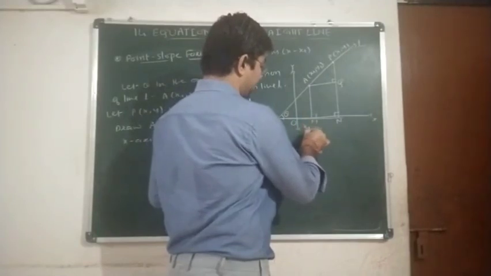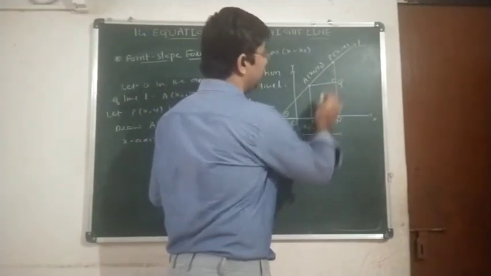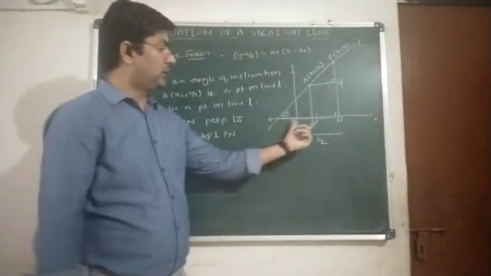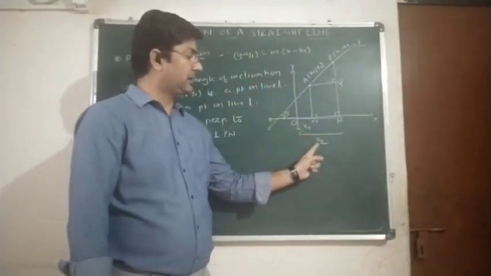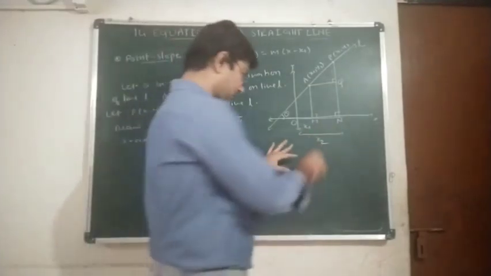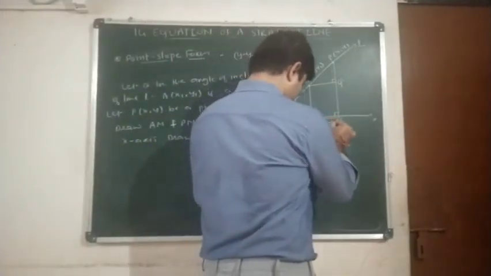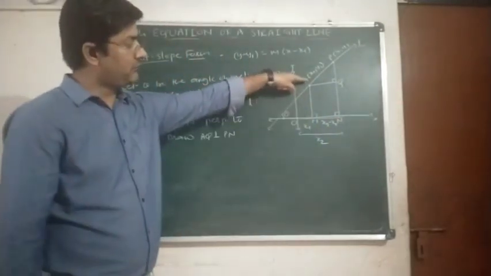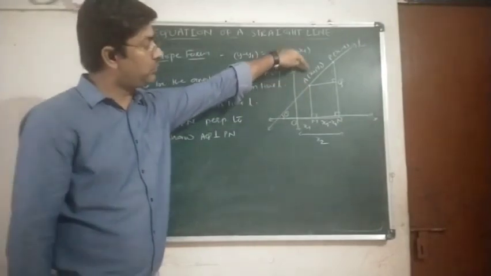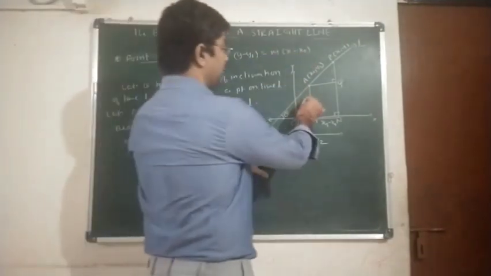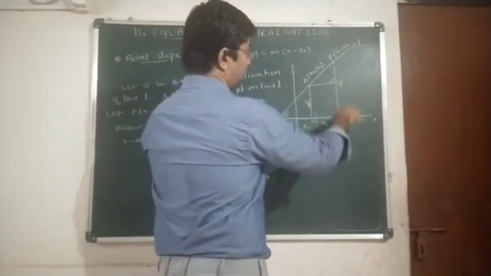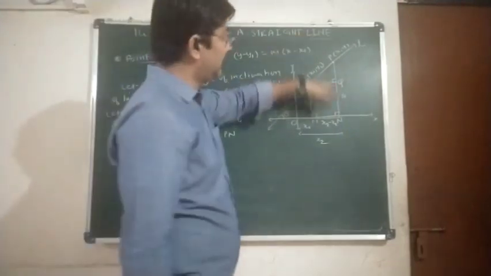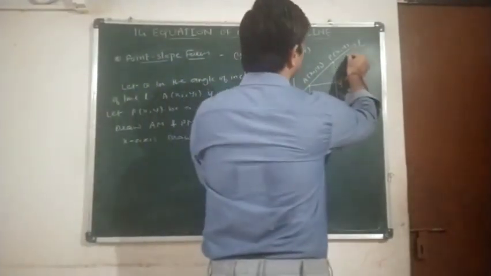OM is x1 and ON will be the x coordinate of point P, that is x. So OM is x1 and ON is x, and therefore MN will be x minus x1. Similarly, the y coordinate will give you the length AM, the y coordinate of point A, that is y1. So this is y1, and therefore the opposite side of the rectangle, QN, will also be y1. Again, length PN will be the y coordinate.